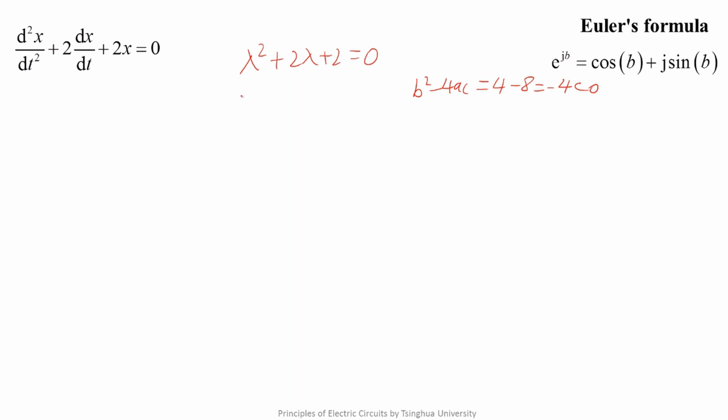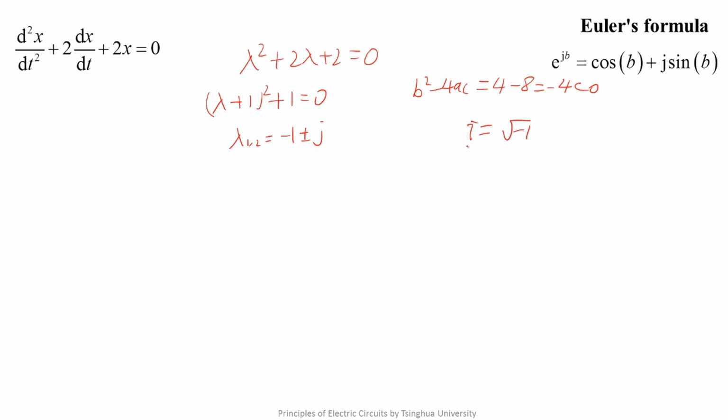We can also use the method of completing the square to write, that is (lambda plus 1) squared plus 1 equals 0. So the two conjugate complex roots can be written as lambda 1, 2 equals minus 1 plus minus j. Please note that we usually use the letter i to express an imaginary number in high school, that i equals the square root of minus 1.